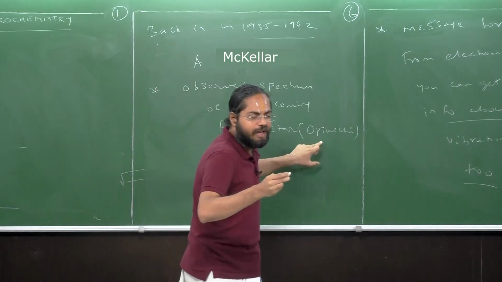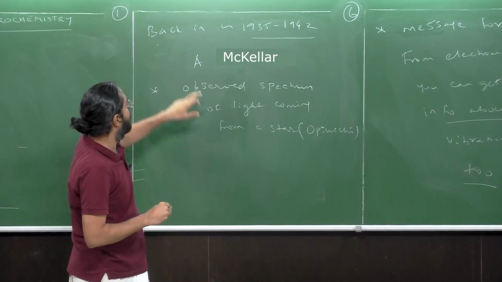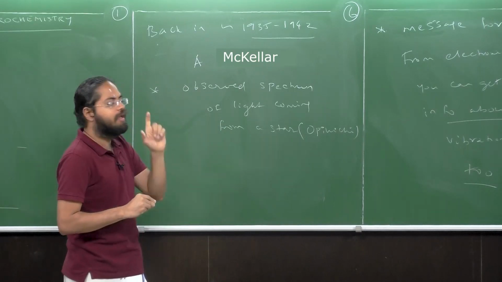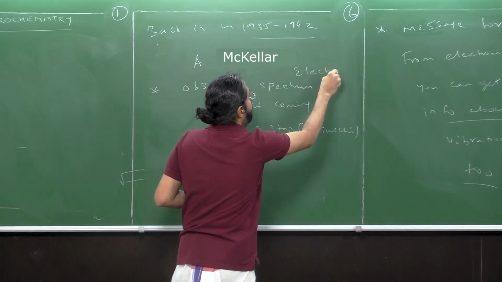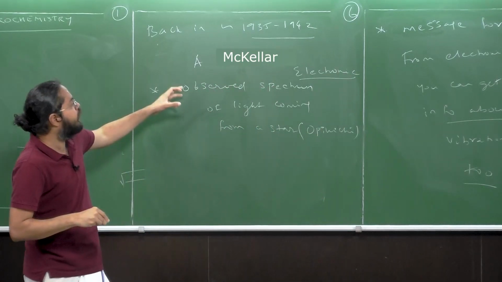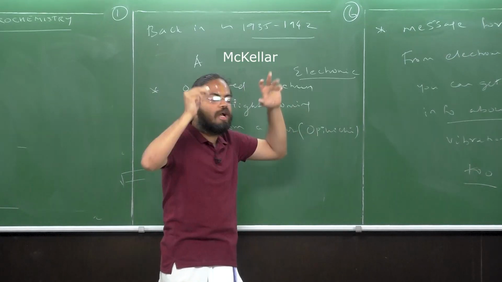Maybe I'll check the spelling and the pronunciation and get back to you in the next class. So they observed a spectrum coming from a star, and it is the electronic spectrum. This is critical. They observed the electronic spectrum of light coming from the star whose name starts with an O.